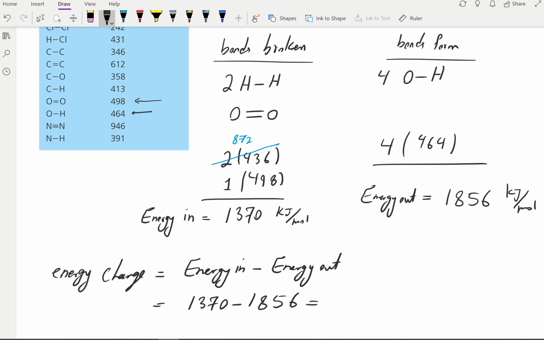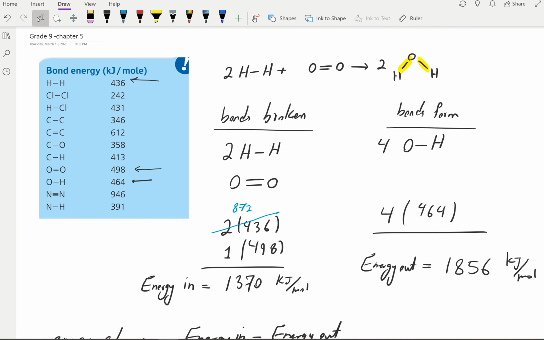So it would be negative 486 kilojoule per mole. So this minus sign shows that the reaction between the hydrogen and oxygen, which results in the formation of the water, is an exothermic reaction.